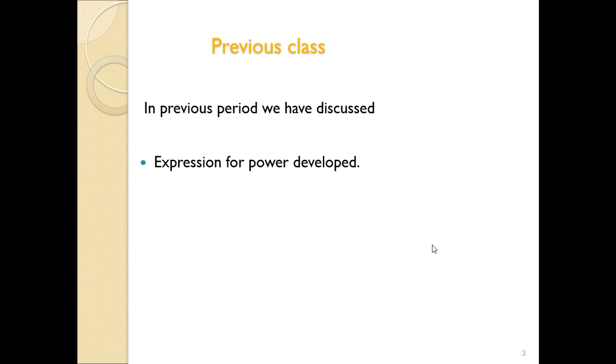How it will bear the load: as we derived in the power equation, the power depends on the mechanical power developed. What is the input we are giving to the synchronous motor? We are giving electrical power input, that is root 3 VL IL cos phi. So that is the input power.